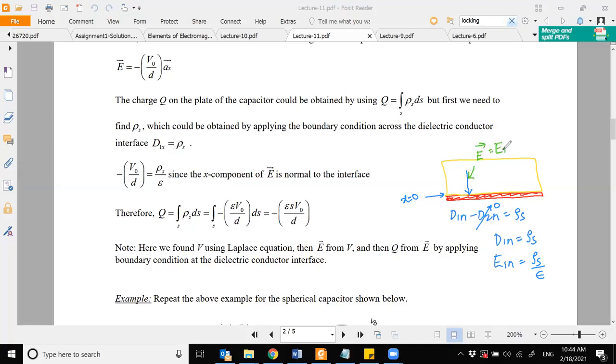And this component is our minus V0 over d times a_x, which is already our normal component. So therefore, the normal component, this E_x value must be equal to rho_s over epsilon, because this is our E1x, which is equal to minus V0 over d, and this is rho_s over epsilon.